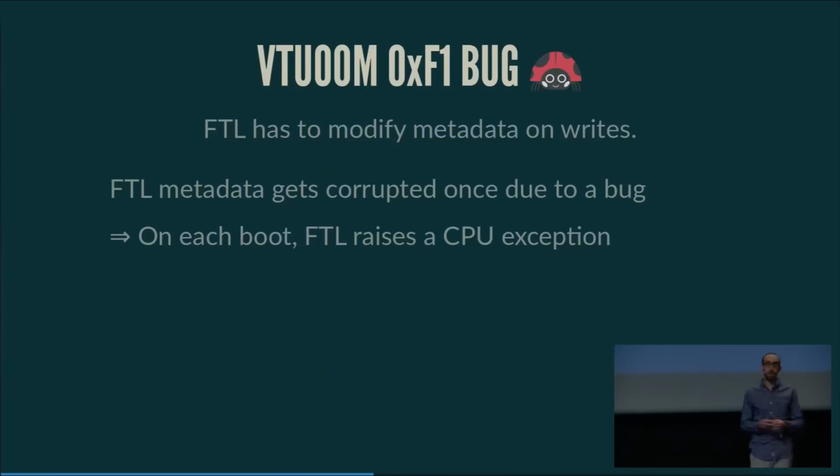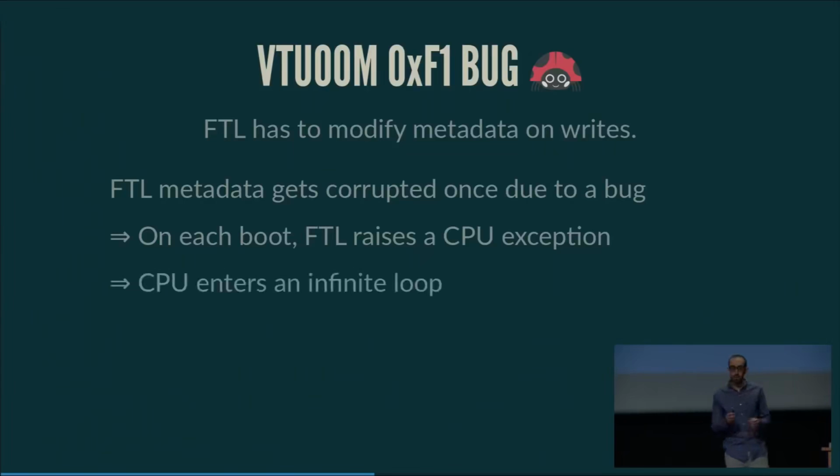And the default exception handler in Samsung's case is just an infinite loop. So you use the device, and one day the metadata gets corrupted, and then you try to turn it on, and it tries to parse the metadata, and it's corrupt, so it throws an exception, and then the eMMC goes into an infinite loop, and you can't access it anymore.